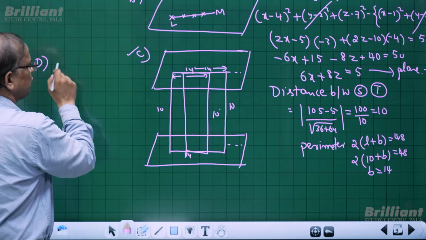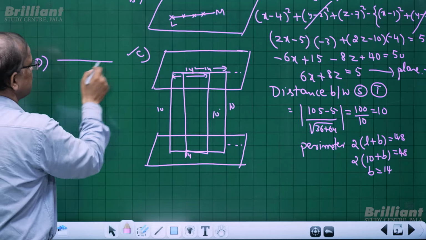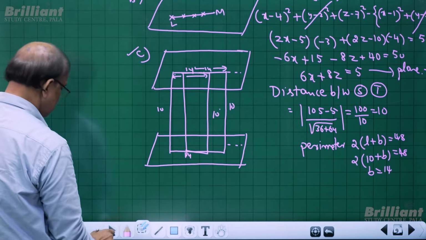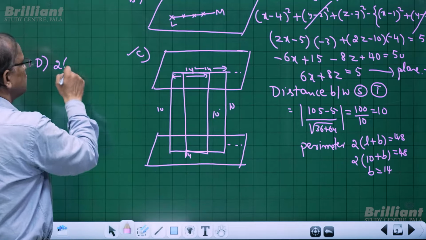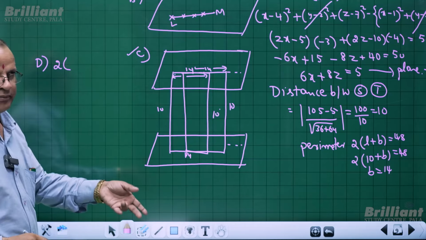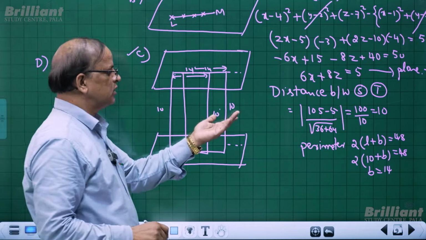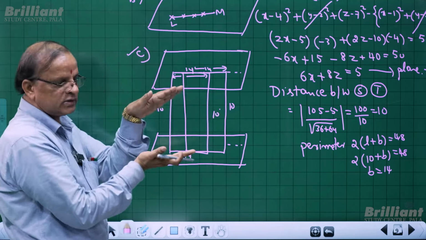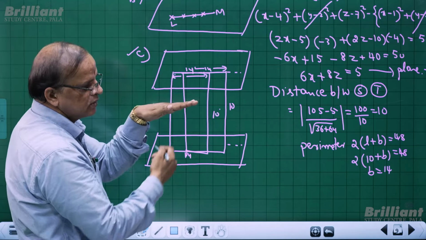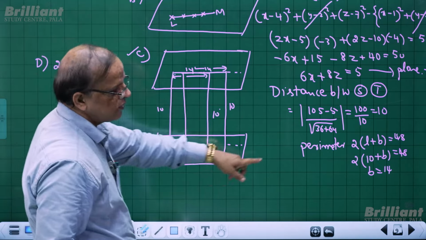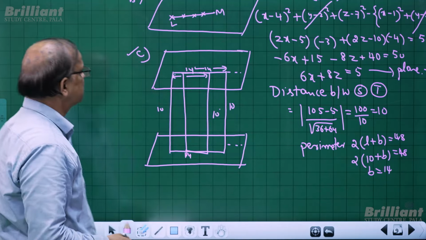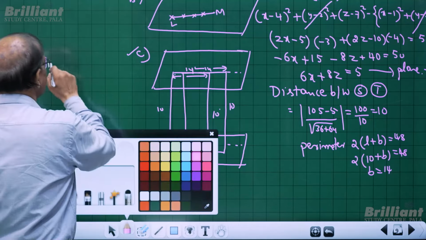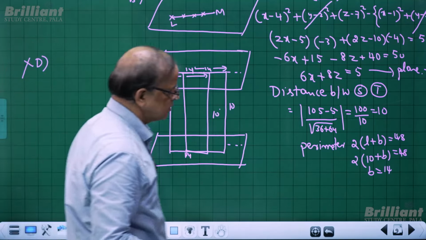Therefore, this is not a possible case, because here 2 into both are same, right? Here these are the two planes, this is 10, this is 10. So, 10 is not possible, because 14 is needed. Therefore, here square is not possible, so this is not correct. Okay.